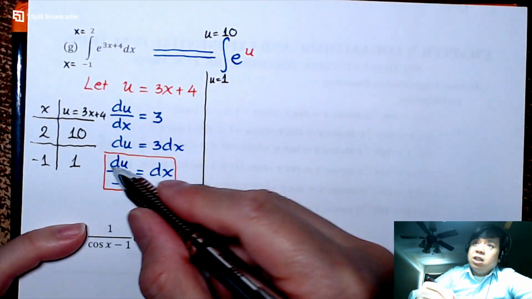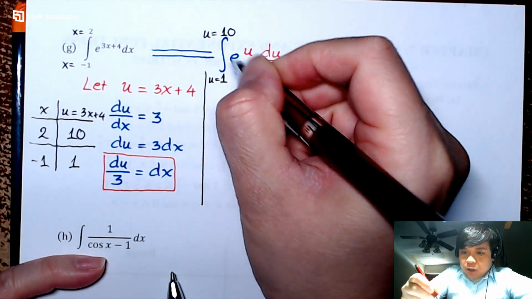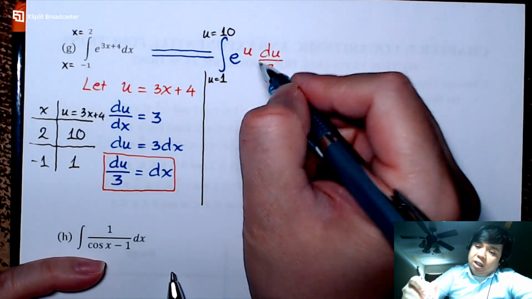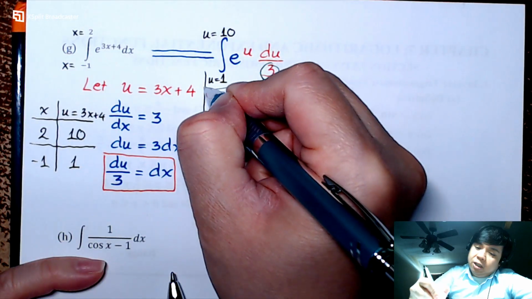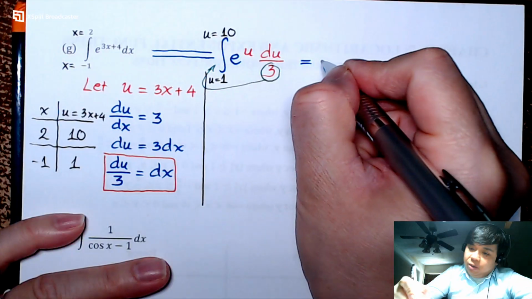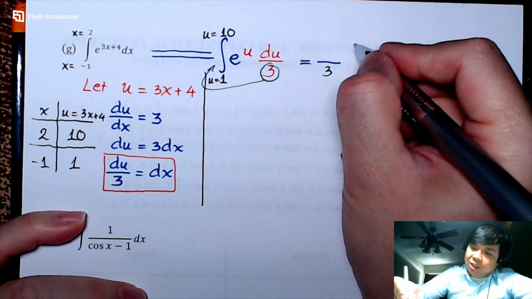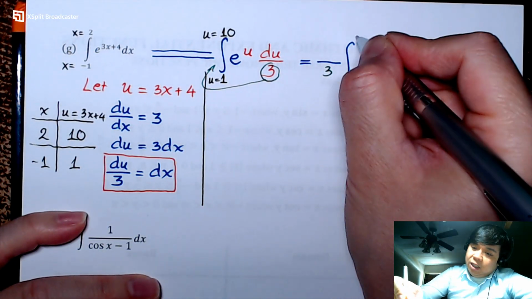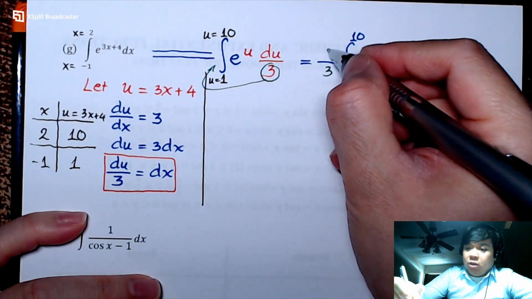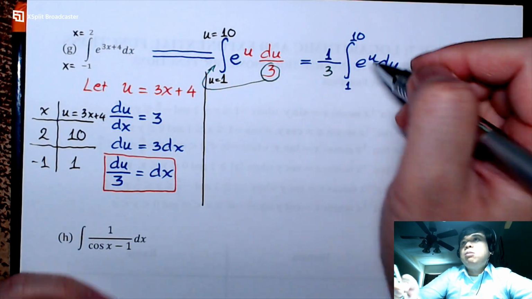And dx is du over 3. So we substitute for dx, substitute for u, and change the limits. The 3 here, bring outside, and we have 3 stay at the bottom, from 1 to 10, e to the u, du. Of course, we have to put something there on the top to have a fraction. Default should be 1. Right, so we have that.